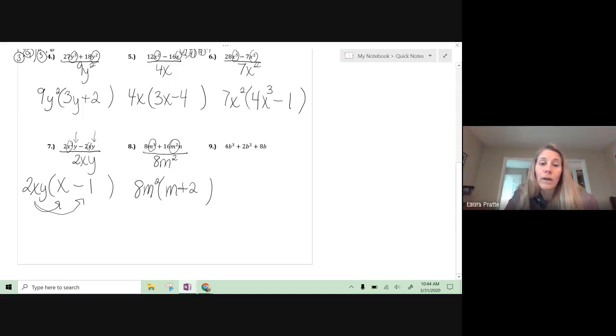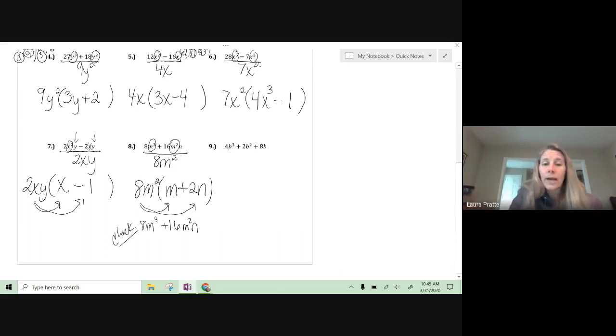And m squared divided by m squared would cancel, but you still have that n, which is going to be included on that term there. Again, if you need to check your work, if you multiplied 8m squared times m, you would get 8m cubed. If you multiplied 8m squared times 2n, you would get 16m squared n. So that would be how you check it.